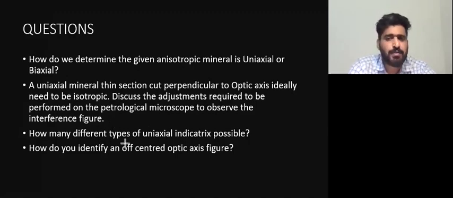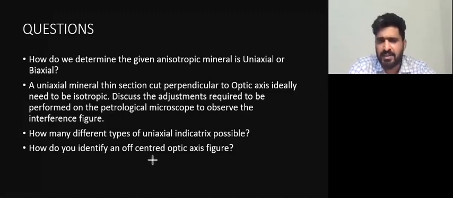How many different types of uniaxial indicatrix are possible? We have seen that uniaxial minerals are characterized by two rays. So we can try to find out what are the possible ways the indicatrix shape will look like depending upon the type of the ray. How do you identify an off-centered optic axis figure?